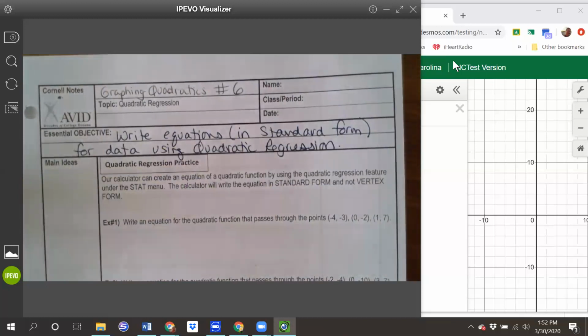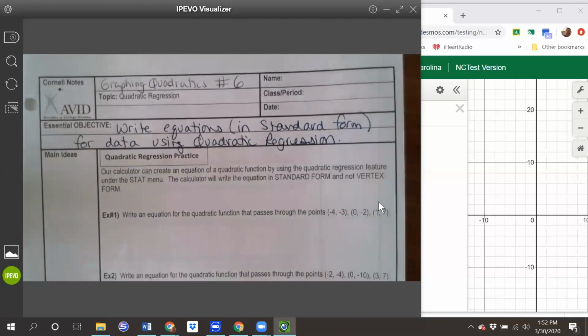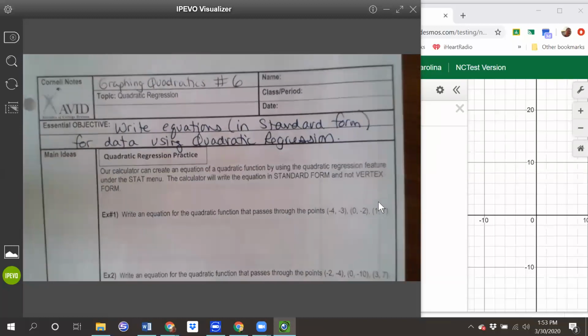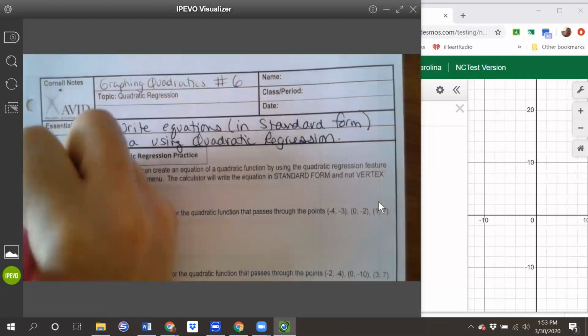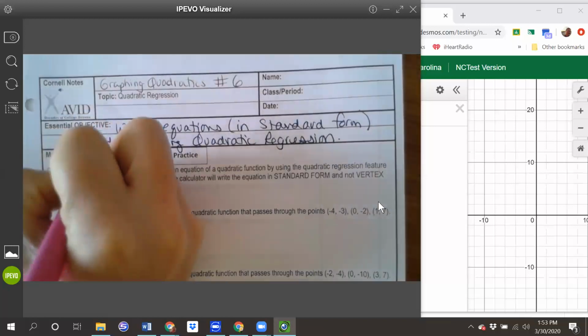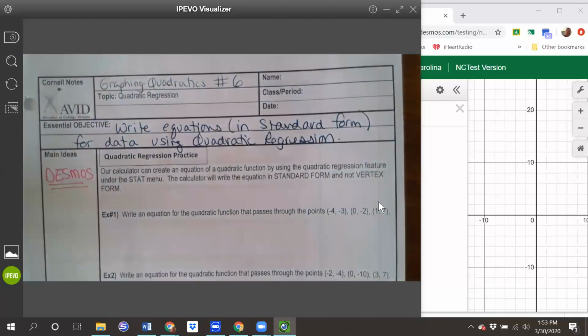There are fewer buttons to hit on Desmos. So in the online PDF of these notes, you can follow along for your calculator. I am going to show you in this video how to use Desmos to create a quadratic equation.